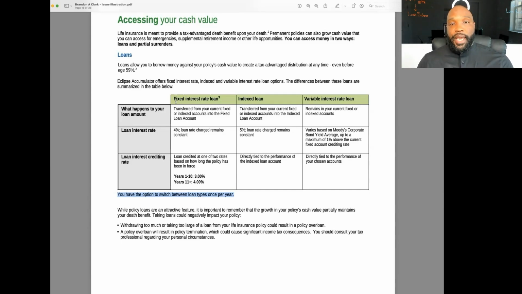And if accessing the cash value from the policy is something important for you, then I strongly encourage you to look for a policy that gives you the ability to switch from a fixed loan to a variable or index loan without having to pay that loan back or without having to wait 12 months in order to do it.